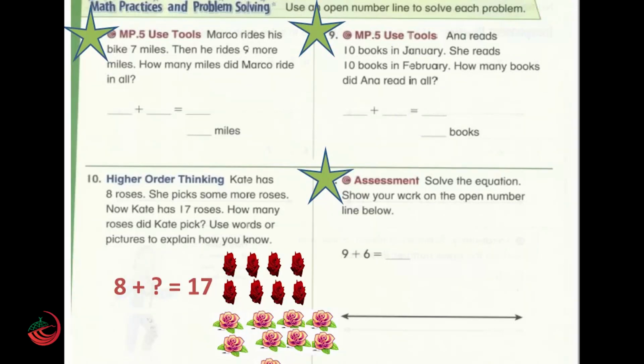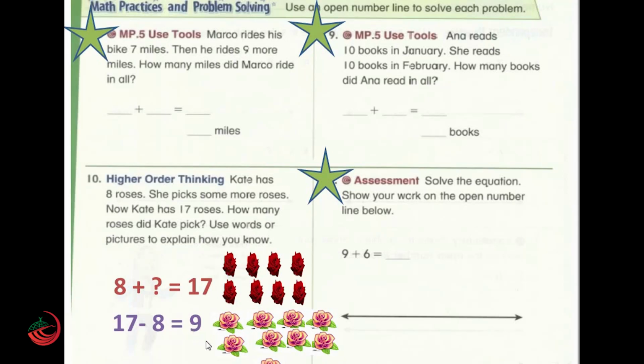We will take away. So we will take away from the 17, the big number, the 8 that we already know she had, and whatever remains, that's the number we need. Okay, so let's count the roses that we added after 8. 1, 2, 3, 4, 5, 6, 7, 8, 9.